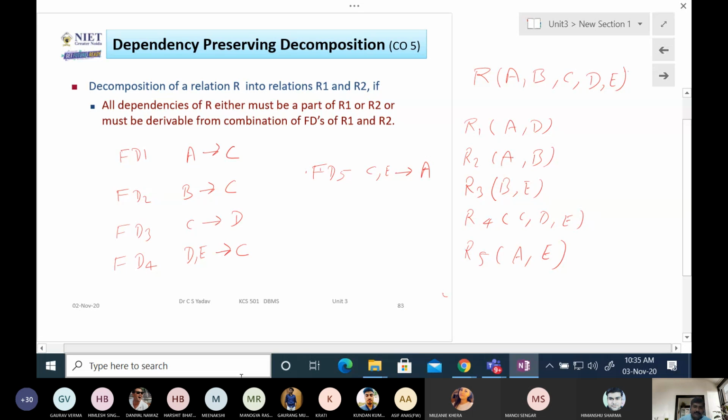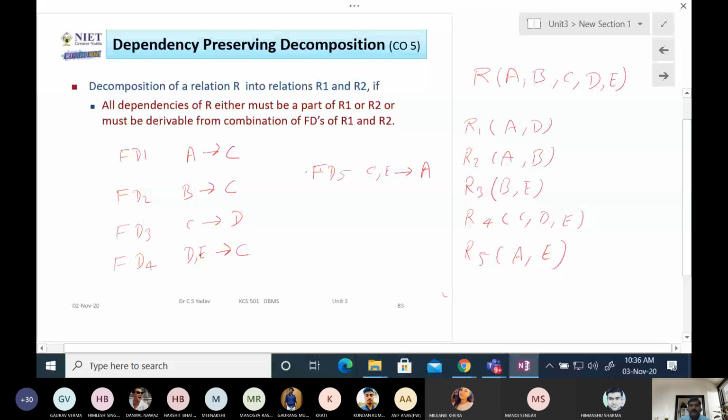So let me know, by applying the algorithm, 5 cross what? 5 cross 5. There are 5 attributes and 5 sub-relations. So we will draw a 5 cross 5 matrix. Then we initialize the matrix, and with respect to all the FDs, we will replace the B symbol with the A symbol.